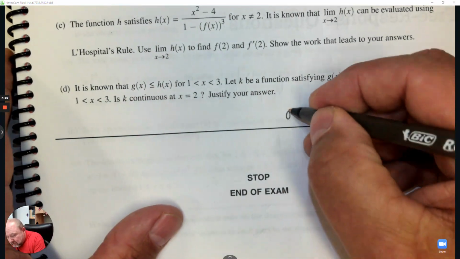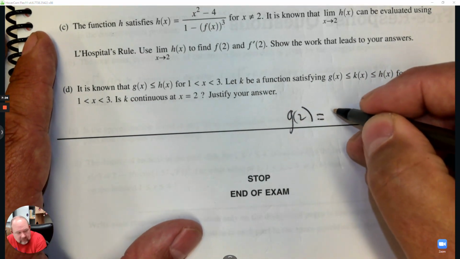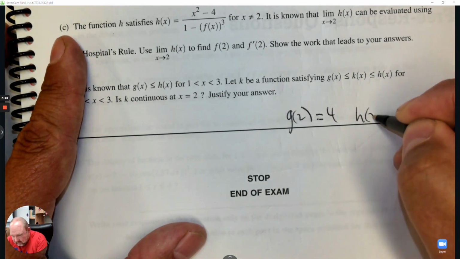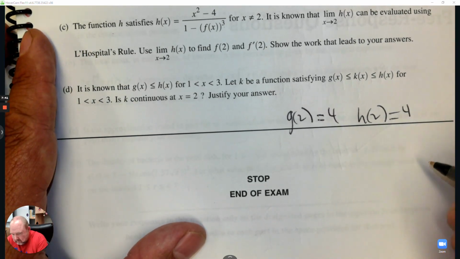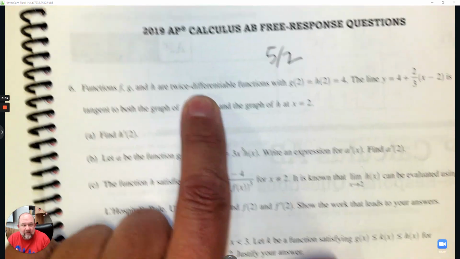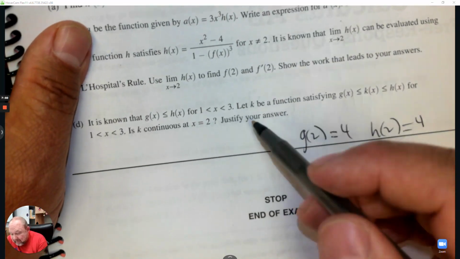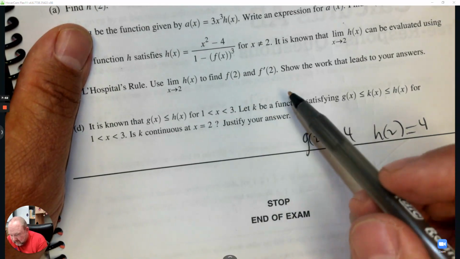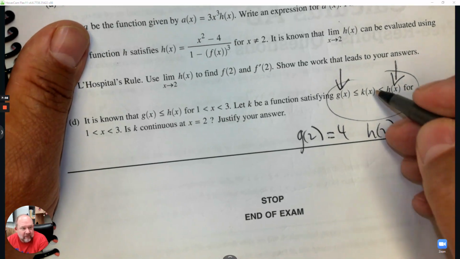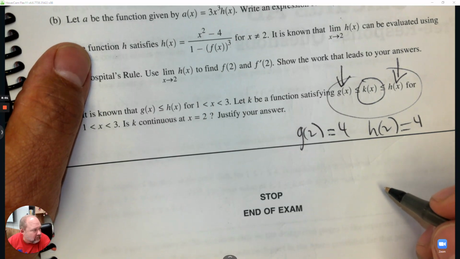So g at 2 is equal to 4. H at 2 is equal to 4. And the question is, is it continuous? So here at the beginning it says these things are twice differentiable. That means it's continuous. So if it's always in between here, if g at x is continuous and h at x is continuous, then k at x must be continuous using that sandwich theorem.